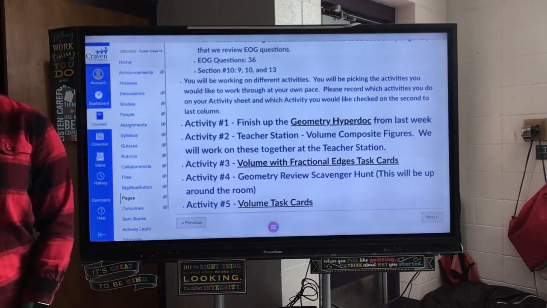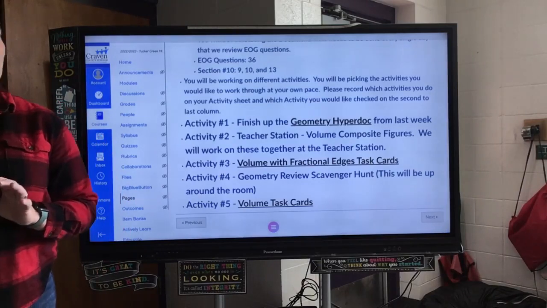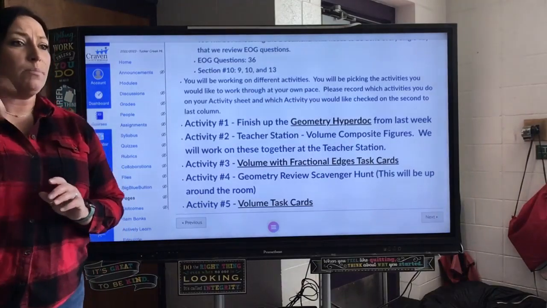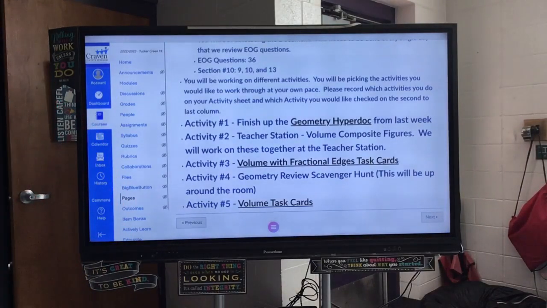Okay, so again, you get to pick what you want. You have your paper that I put on your desk. I also gave you some loose leaf paper. This is the only day we're doing volume. Okay? Any questions before you get started? Are you allowed to work around the room?